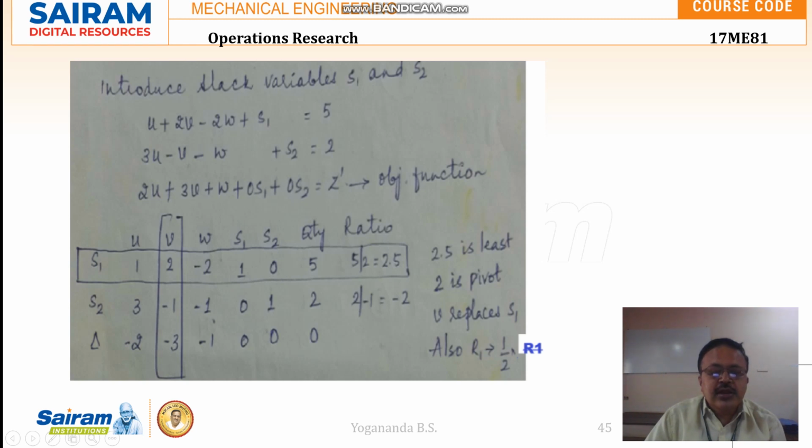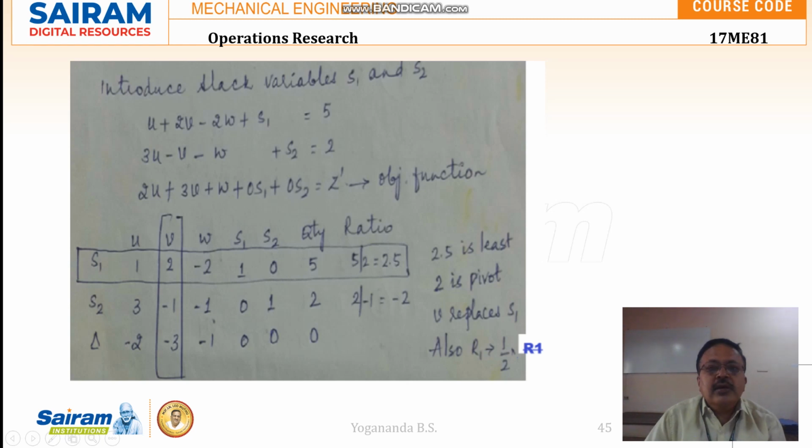We have to consider the positive ratios and take the minimum ratio as the pivotal row. We have only one positive entry in the ratios, that is 2.5, which is taken as the pivotal row. Now 2 is called the pivotal element, where the pivot row and pivot column intersect. Then v is the entering variable and s1 is the leaving variable.